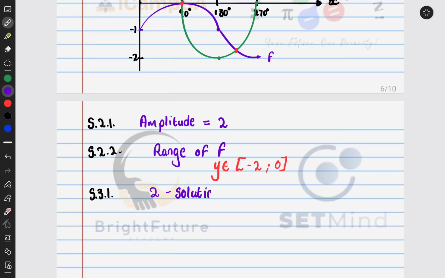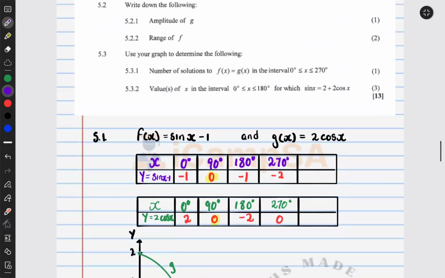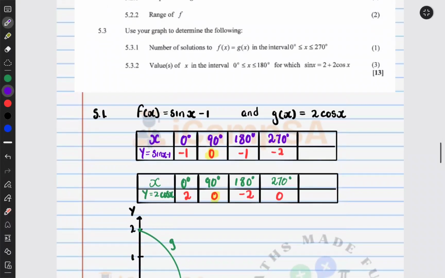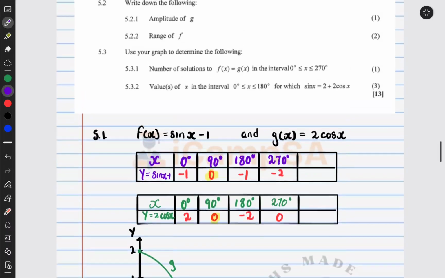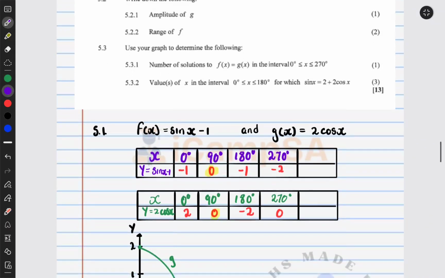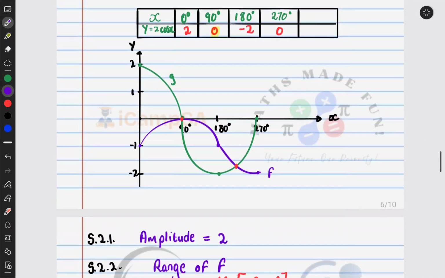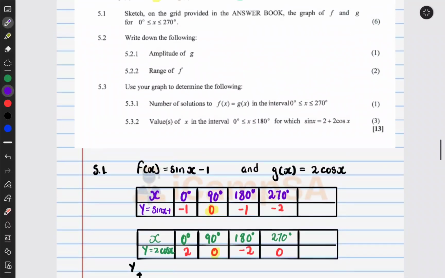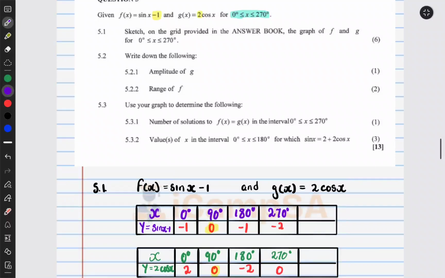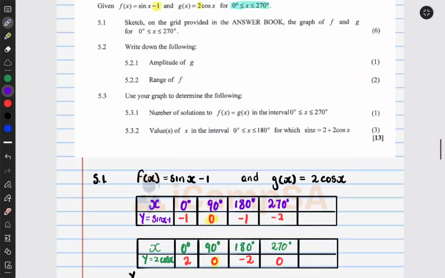And then next, 5.3.2, values of x in the interval of 0 to 180. So only consider between 0 and 180, for which sine 2x is equal to 2 cos x.